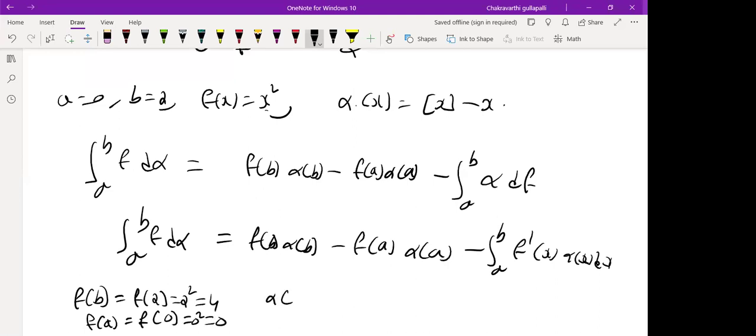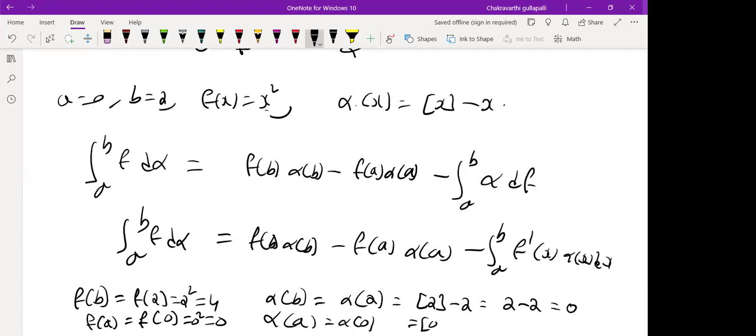Alpha b, that is alpha of 2, box 2 minus 2. Box 2 is 2 only. Alpha of a, alpha of 0, box 0 minus 0. Box 0 is 0.